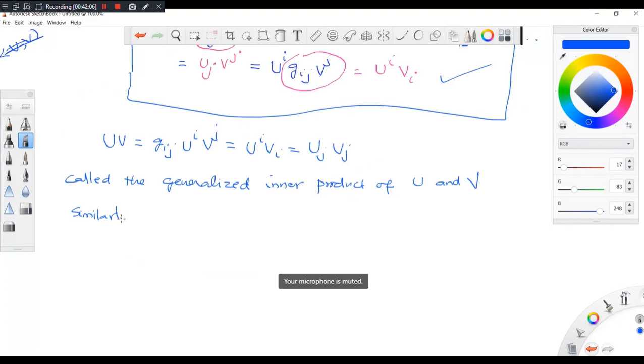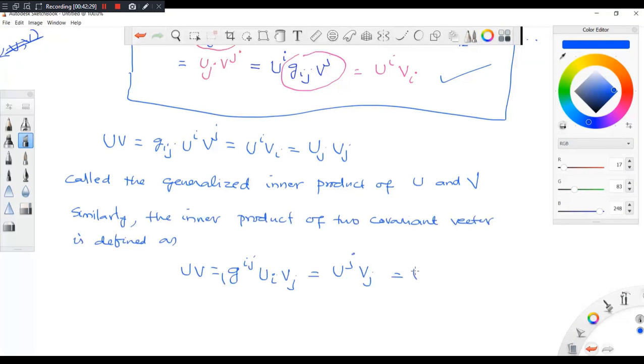So if you combine these two, raising of indices and lowering of indices: here is an i and here an i, so this will raise to uj and this is vj. Or it is the same as if you bring gij inside, then this will be ui and this will be vi.